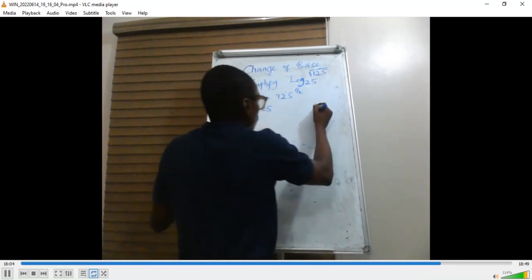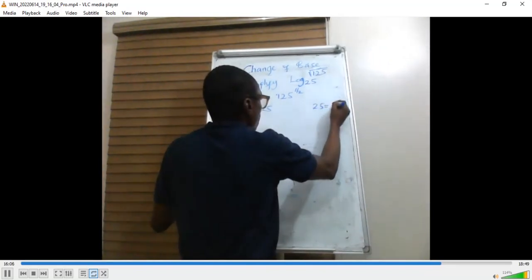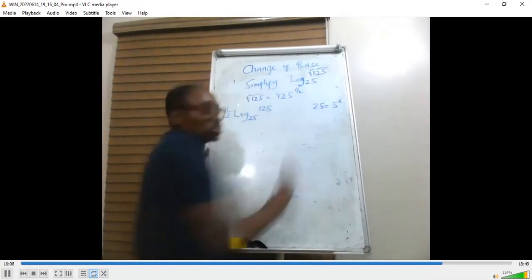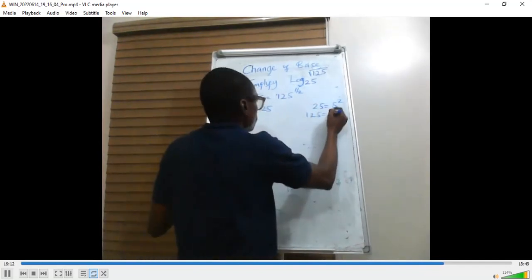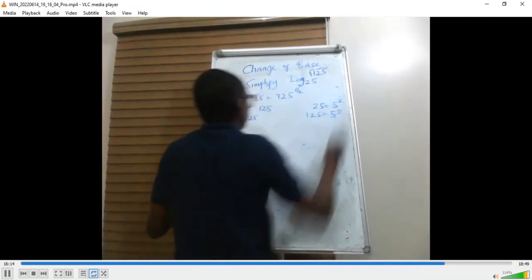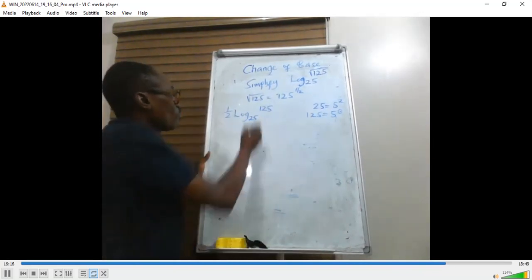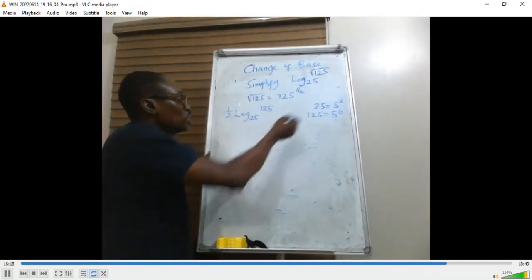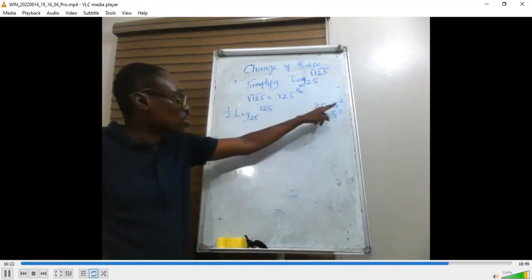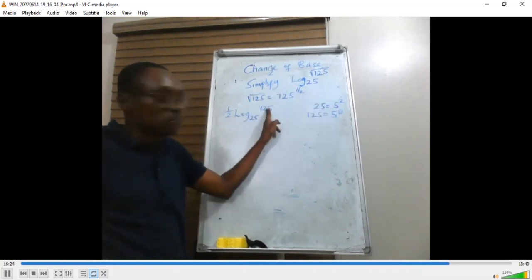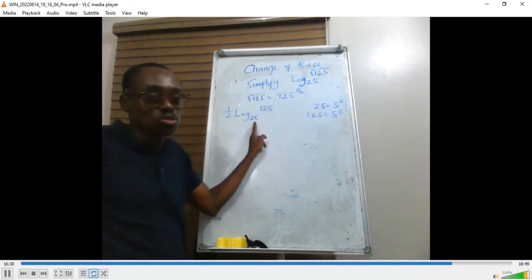Yes. 25 is equal to 5 raised to power 2, that is 5 times 5, 2 times, while 125 is equal to 5 raised to power 3. So base 5 is common to 125 and base 5 is also common to 25.